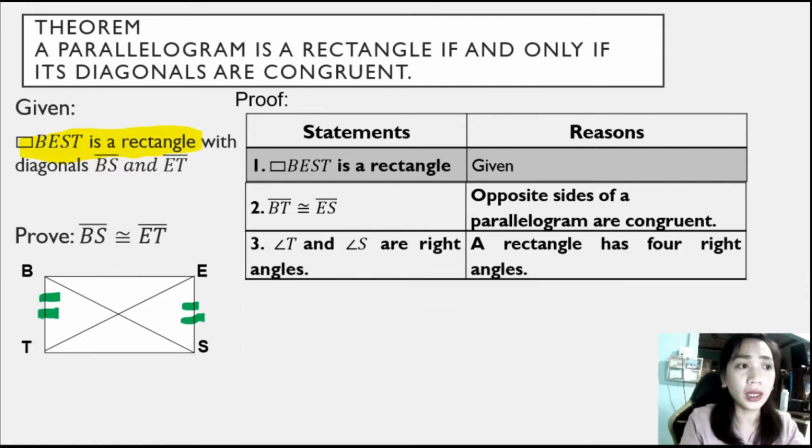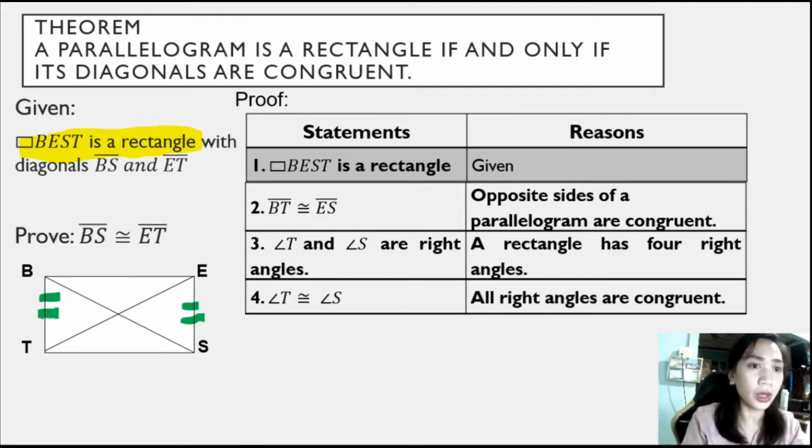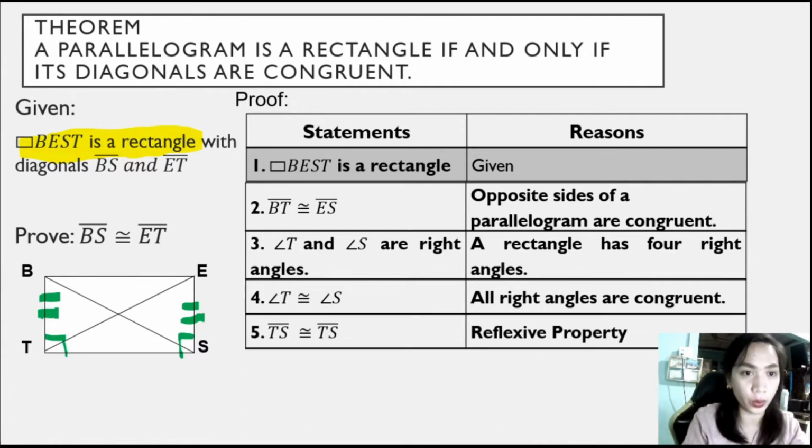Next, angle T and angle S are right angles. A rectangle has 4 right angles. So, alam naman natin, kapag rectangle, lahat ng angles niya ay right angle or 90 degrees. Therefore, angle T is congruent to angle S. Reason: all right angles are congruent.